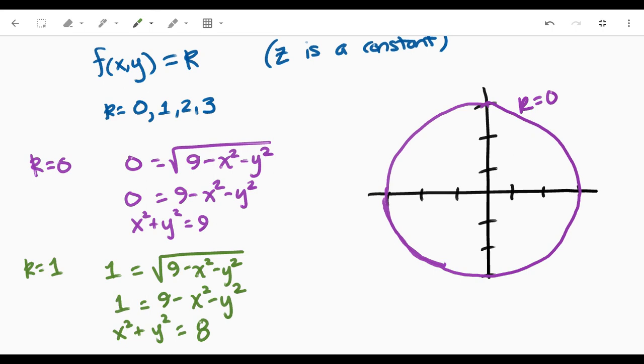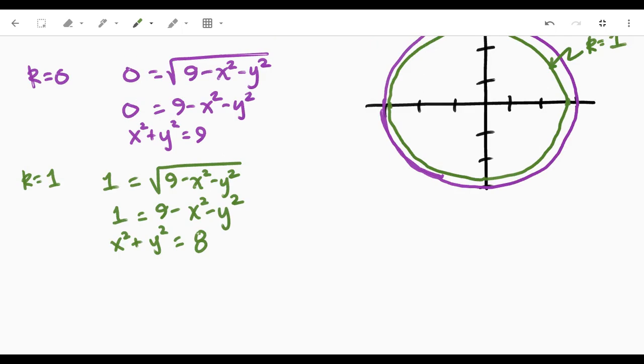Actually, I'm going to use my calculator quick. The square root of 8 is 2.83. We're going to follow this curve pretty closely. And then that would be your k equals 1.